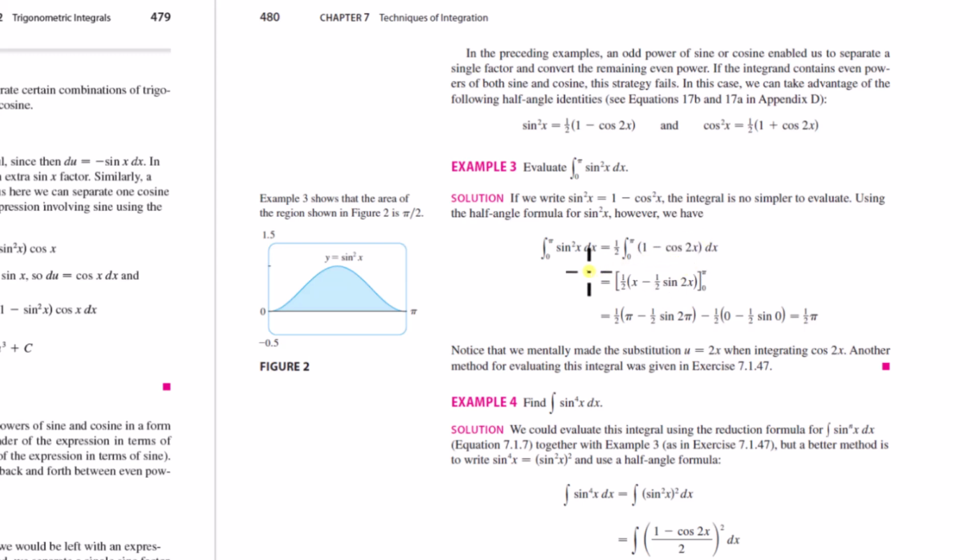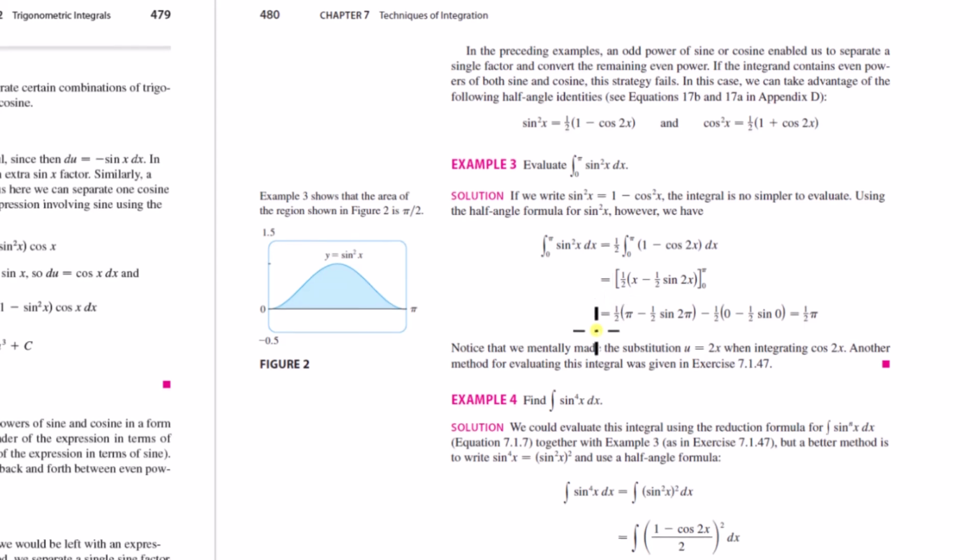Well, for evaluating integrals, in a lot of cases it's more desirable to have this, because you can integrate cosine of 2x. So we go in the direction where we want to get this cosine of 2x. This is hard to integrate, and this is easy to integrate. Separate it into two separate integrals, and there you go.